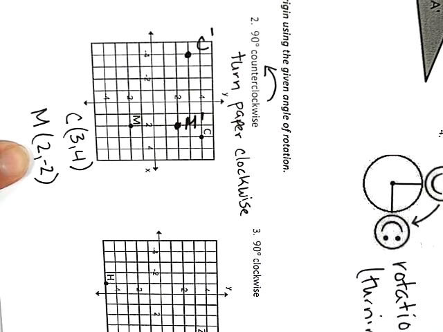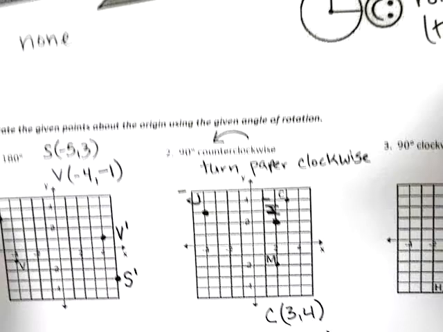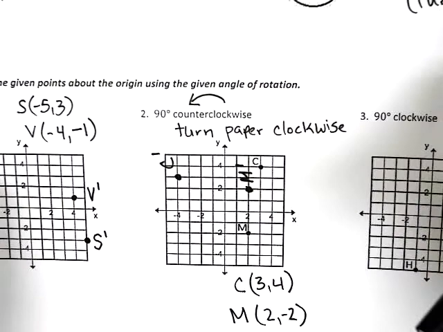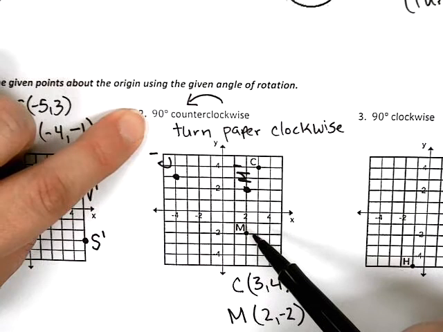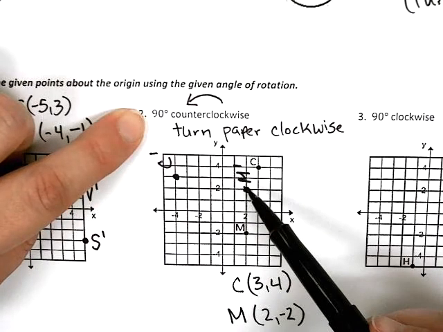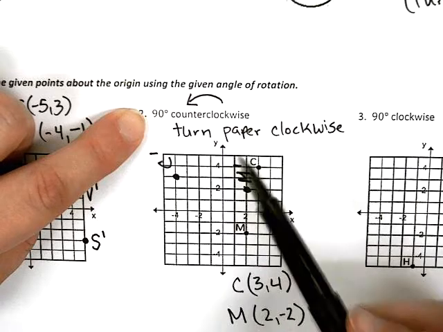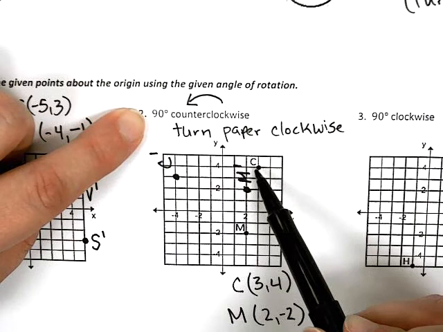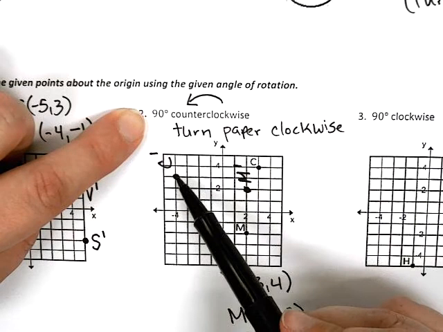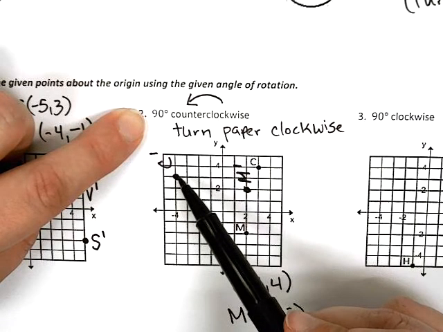Okay, now let's turn our paper back to normal and see if that makes sense to us. Okay, we started with M down here in quadrant 4. If I want to rotate it 90 degrees counterclockwise, that would make sense for it to be in quadrant 1, right? Then here's my C originally, my pre-image, and then my image, bam, over here in quadrant 2, that would make sense too.